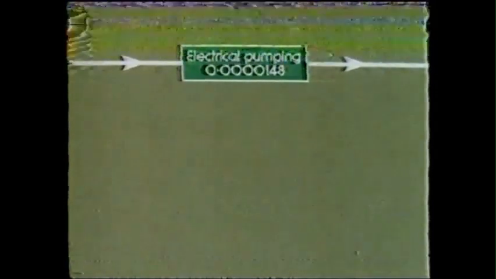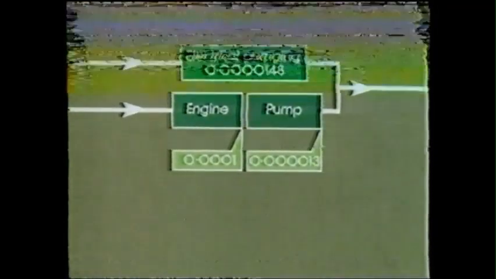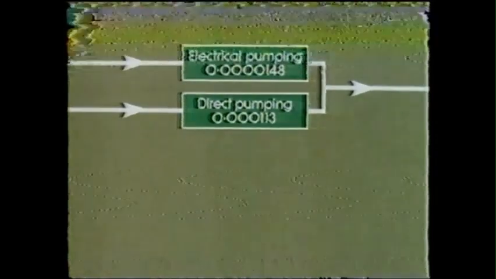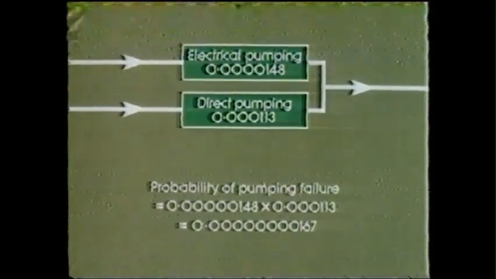In parallel with this electrical pumping system, an engine is made to drive a hydraulic pump directly. Now, pumping would only fail if both these channels fail. The product rule gives a very small probability.